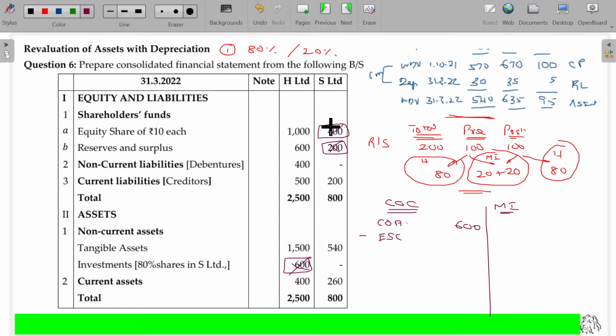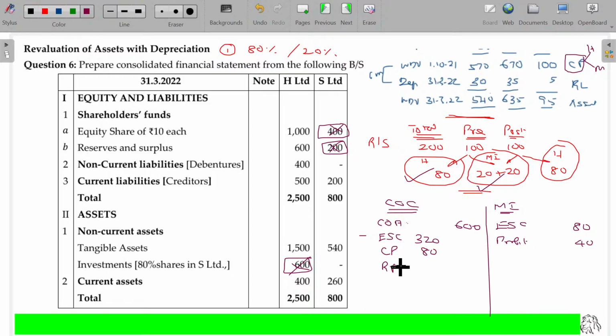Out of that, holding company's share being 80%, 320, and minority interest share being 20%, 80 rupees, and capital profit being 80 included here, total profit included here 40, and this capital profit will also be shared to holding and minority.